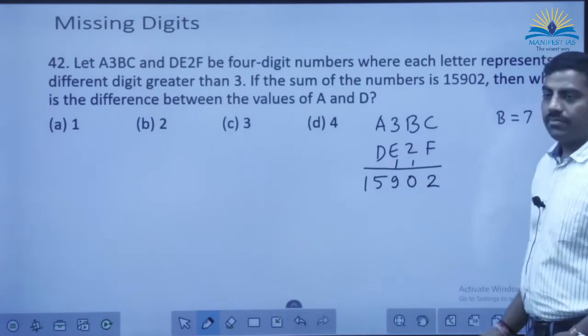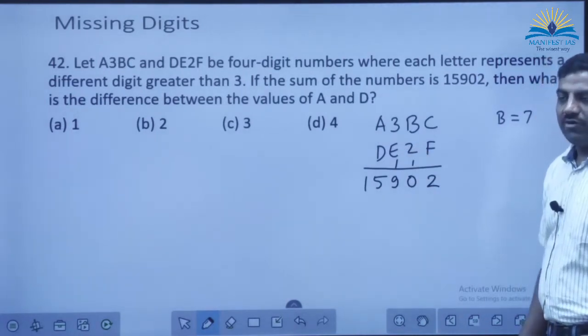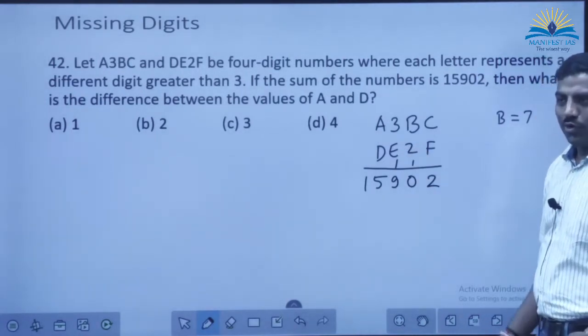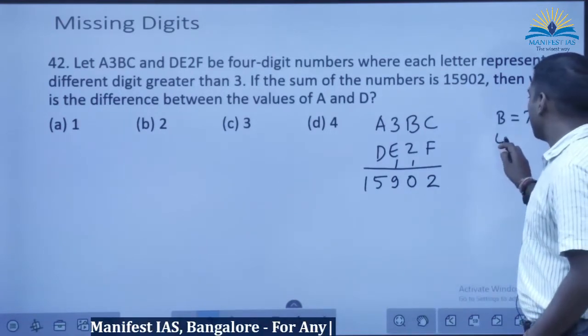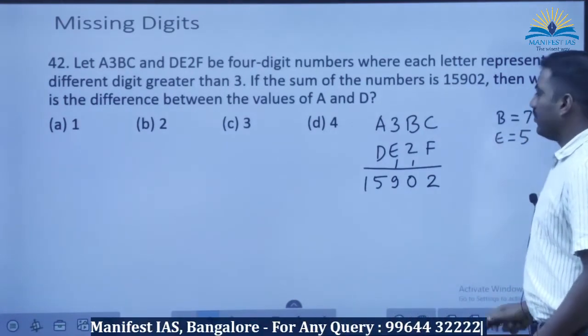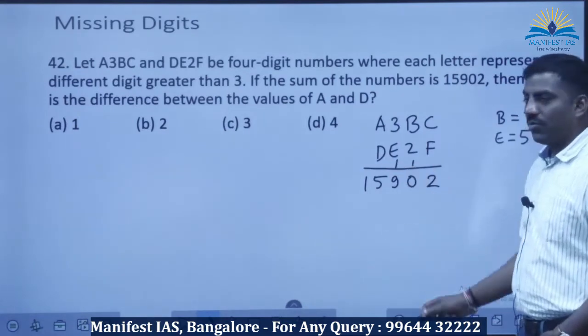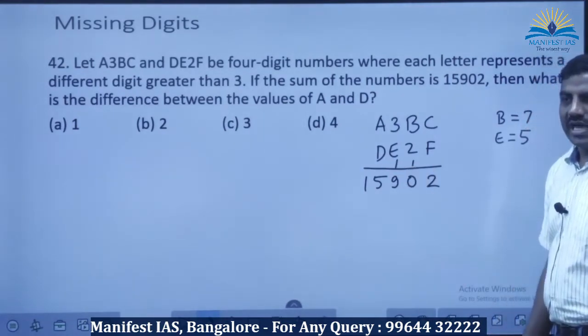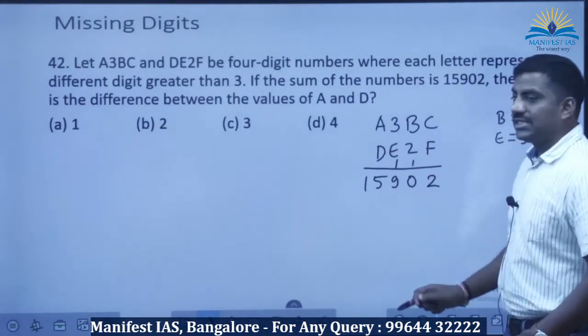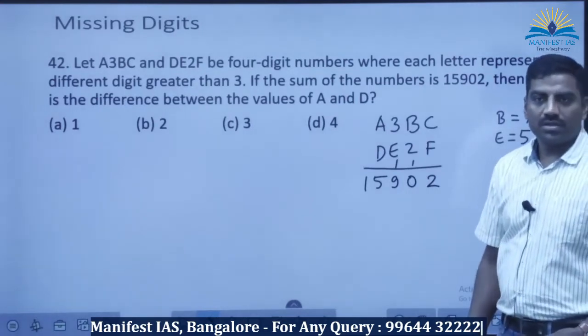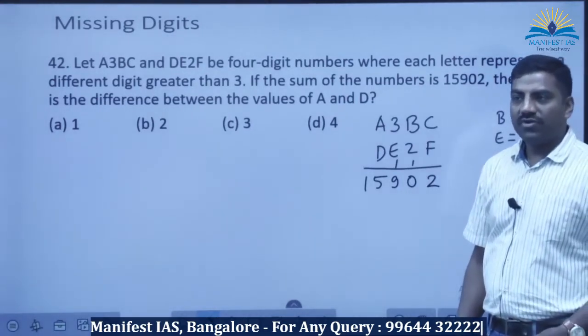What is the value of E? 5. Can you assume 15 there? No, right? So E value is 5. So there is no carry from here. So A plus D is equal to 15.